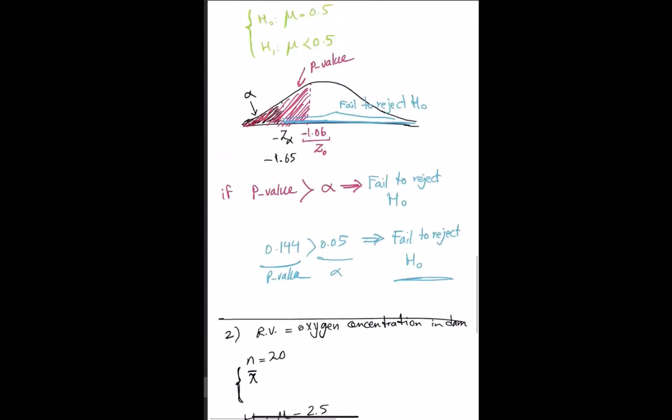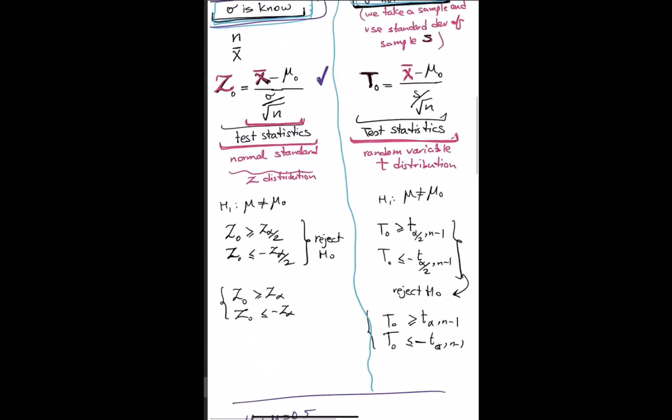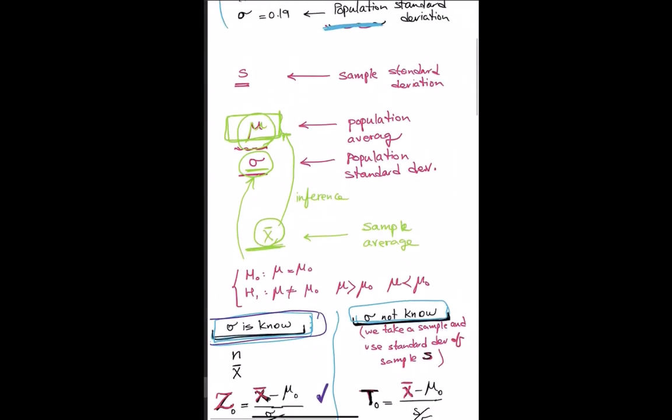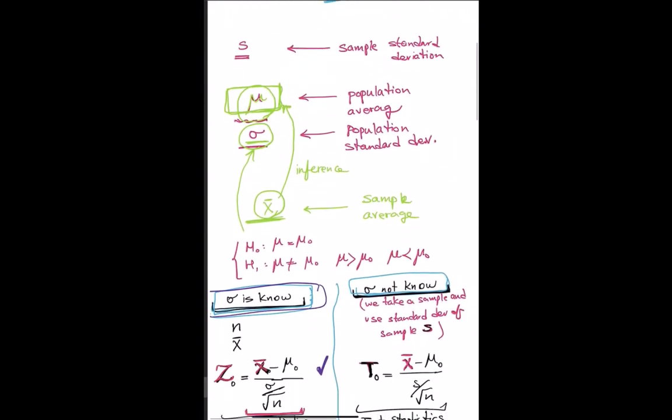So if you have a sample, we had that conversation here, right? We said we use X bar for mu, and what do I use to estimate sigma?